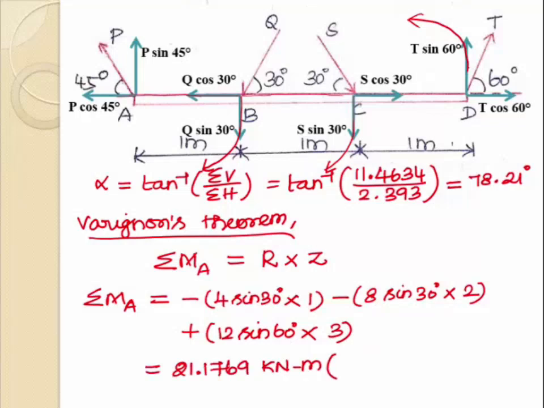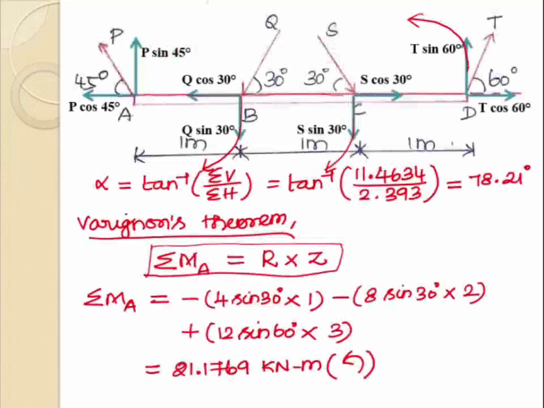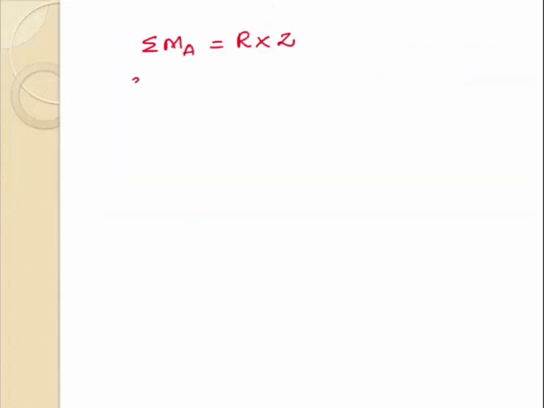Since the obtained value of the summation of moments of all the forces is with positive sign, the moment generated is in anti-clockwise direction. Okay. So now we can use the Varignon's theorem statement. Summation MA is resultant force of magnitude into perpendicular distance. Okay. So summation MA value is 21.1769.